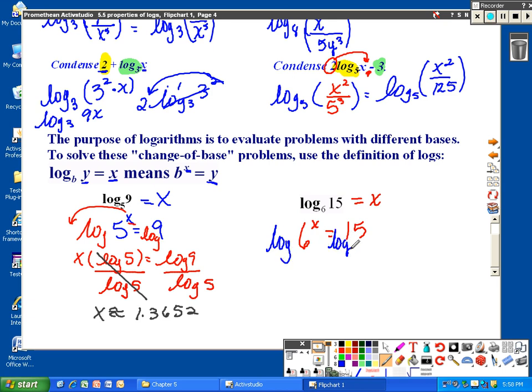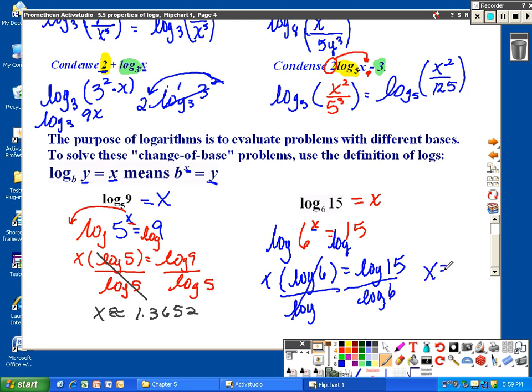So again, my exponent is x, so I bring that to the front. x times log 6 equals log 15. So to solve for x, I divide by log 6. Now it is calculator ready. So log 15 divided by log 6 is approximately 1.5114.